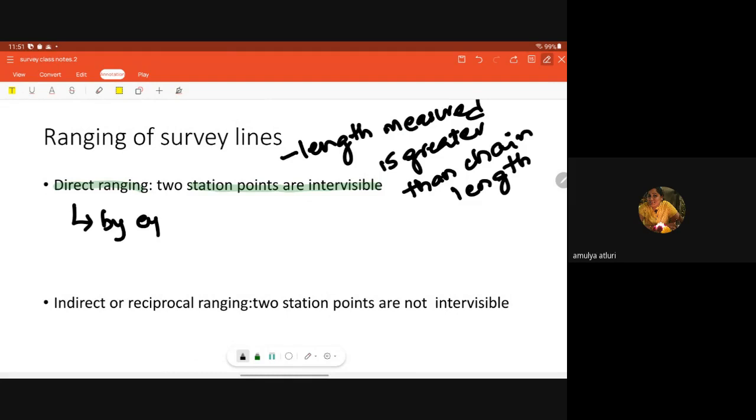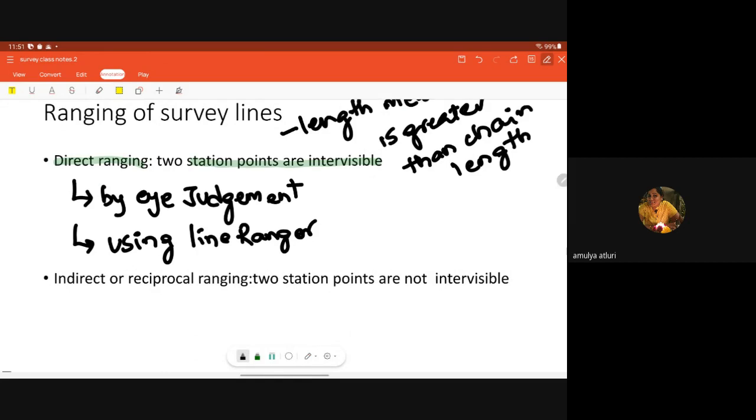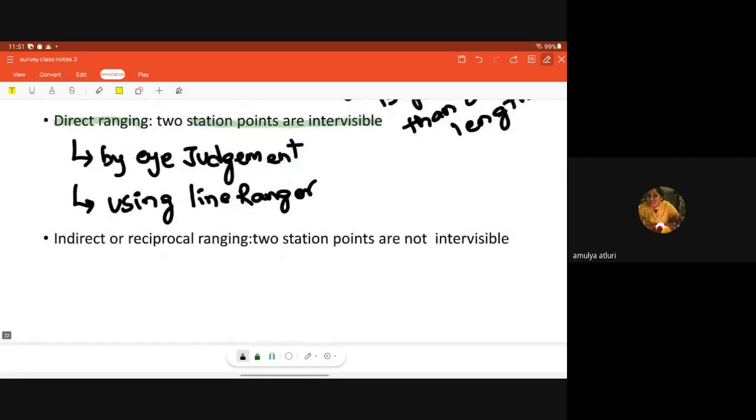By eye judgment and by using a line ranger. With this we can do our direct ranging. So this is an easy and convenient method. What if we have obstacles and both my stations are not visible?